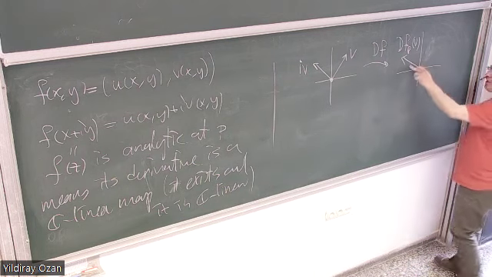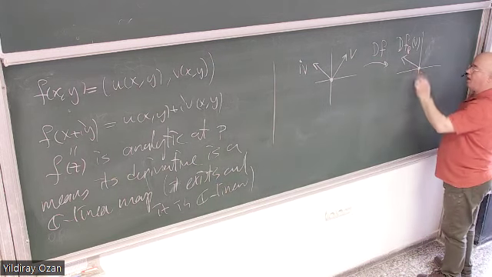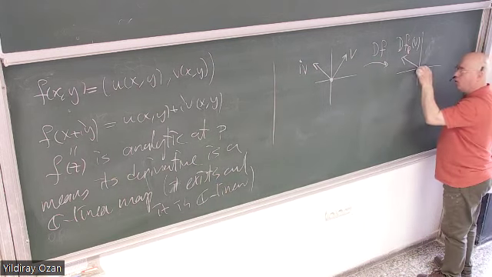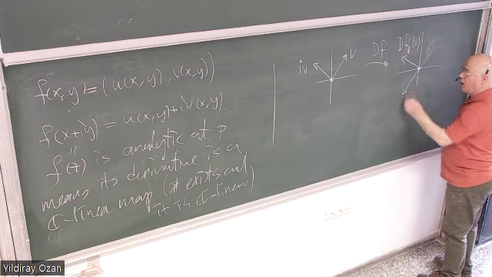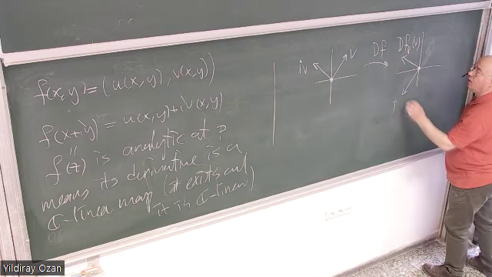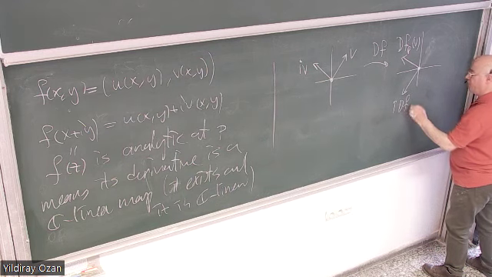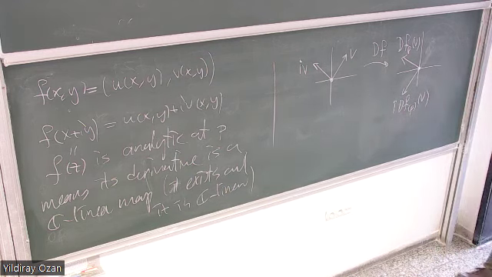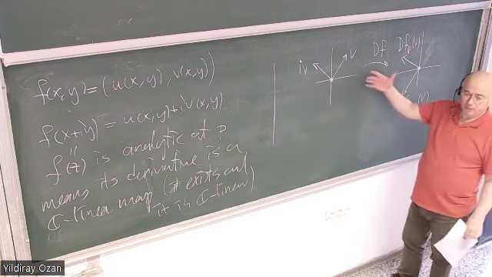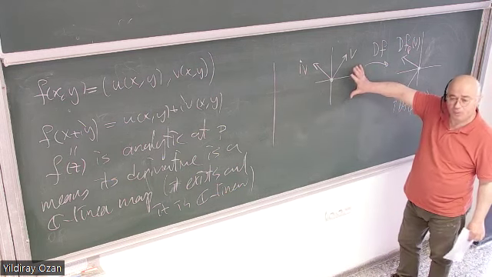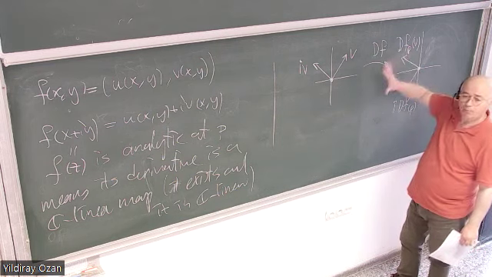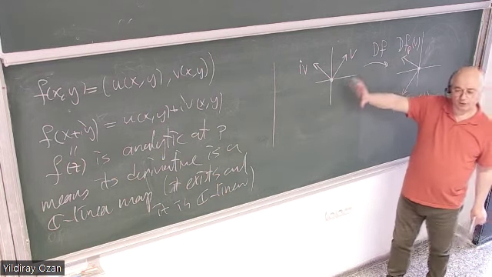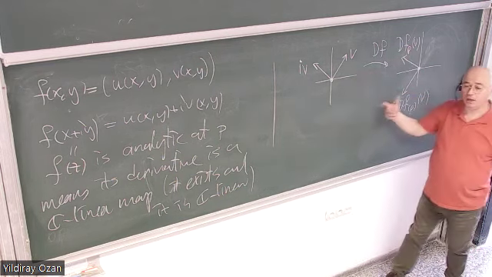And I can multiply this vector by i also. So this is i times df_p(v). This is actually a linear map from R^2 to R^2, but I may regard R^2 as the complex line.